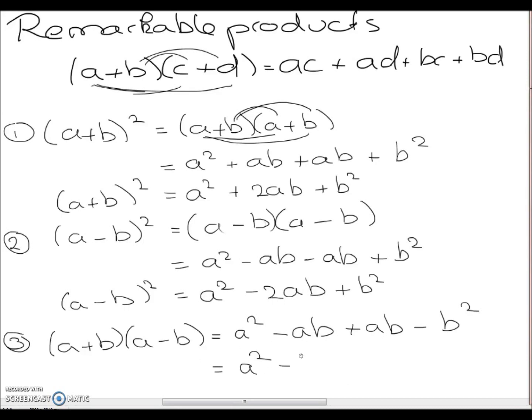So if we take the product of two numbers added together times their difference, that is the same as squaring the first and subtracting the square of the other.